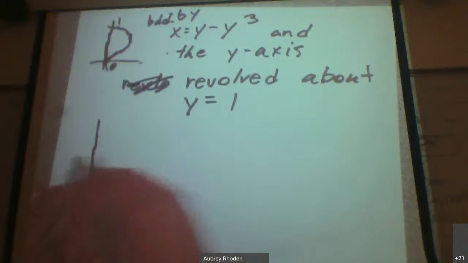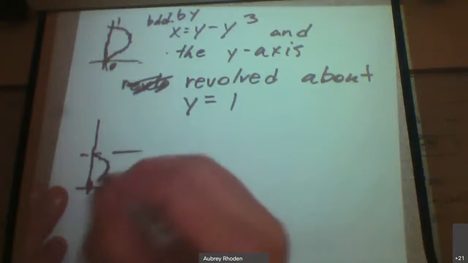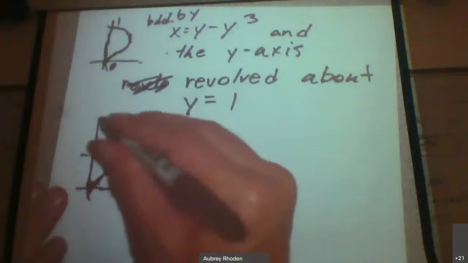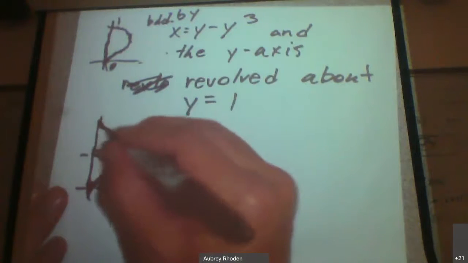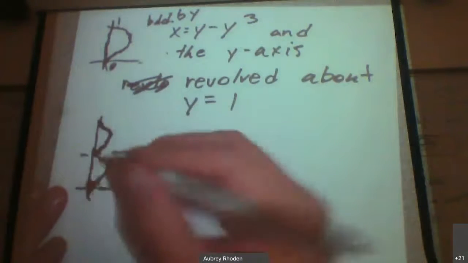Flat right there. We call this line 1. Because it can come up like this, go down like that, and it's going to come up like this. Go down like that.